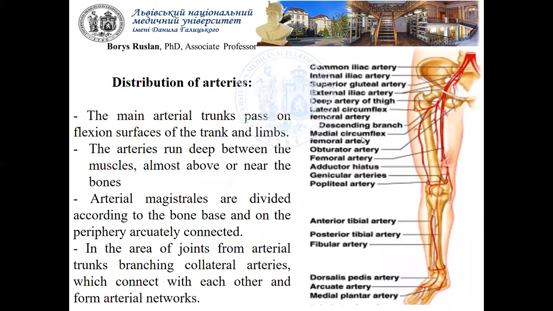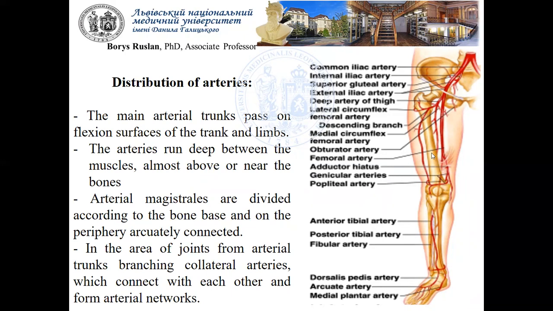Distribution of arteries. First, the main arterial trunks pass on the flexion surface of the trunk and limbs. Second, the arteries run deep between the muscles, near the bones, or almost above the bones, like this one here.